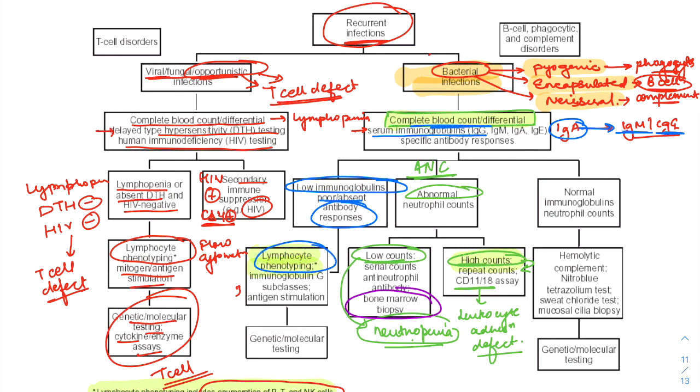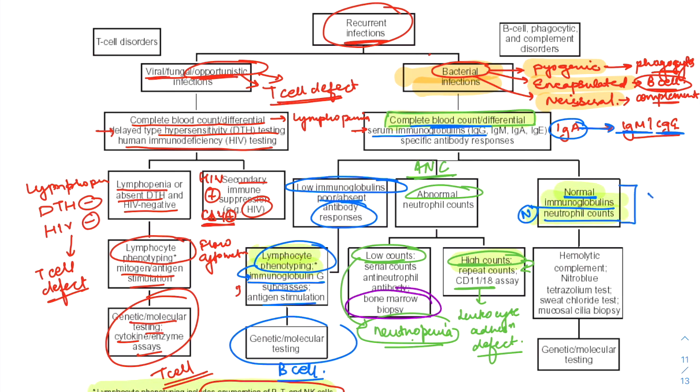After the lymphocyte phenotyping, we do the immunoglobulin G subclasses and the antigen stimulation and the genetic and molecular testing to know what type of B cell defect is present. All right. Next is, if the serum immunoglobulin levels are normal and the neutrophil counts are also normal, this is the third type in which the normal immunoglobulin levels are there and normal neutrophil counts are there.